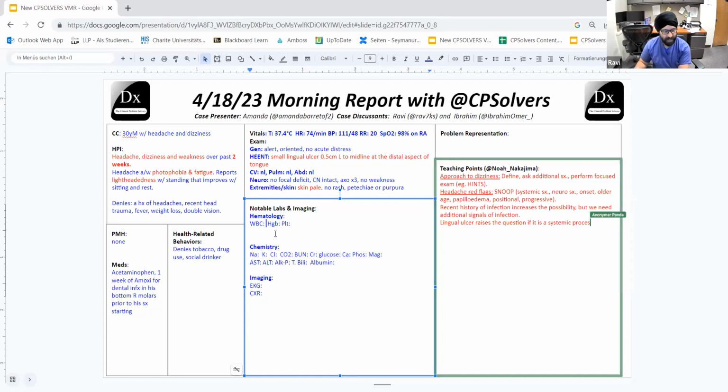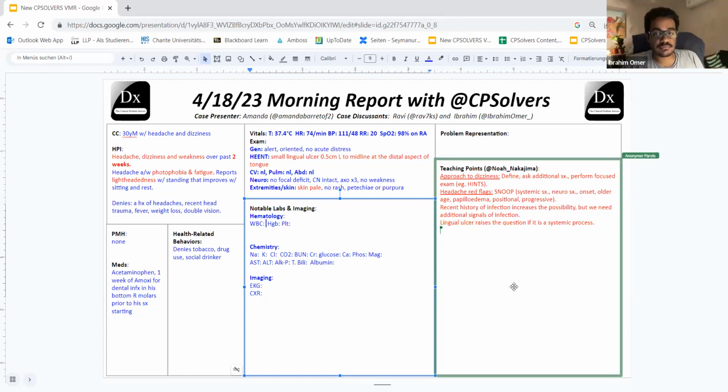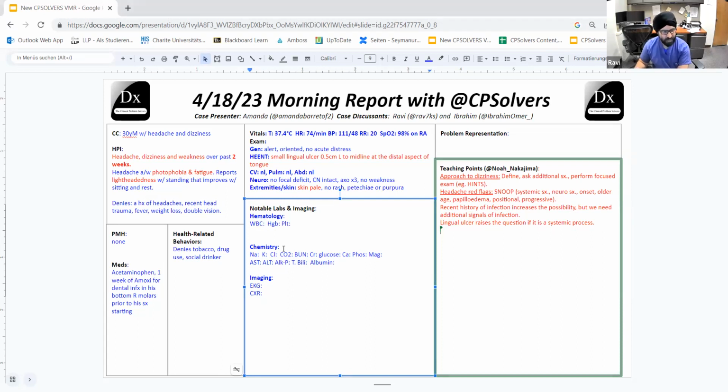And here again, I don't think we have to go down the branch point of malignancies in this case. So there's no tobacco use, there's no alcohol, social drinker, but heavy alcohol use or chewing tobacco, those could lend or portend to malignancy development within the oral cavity.